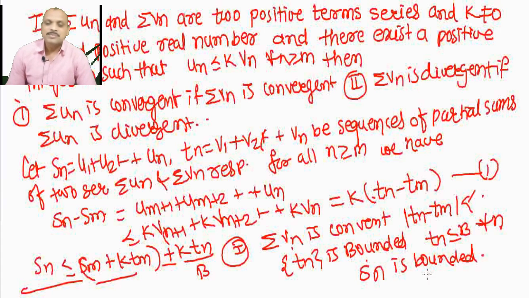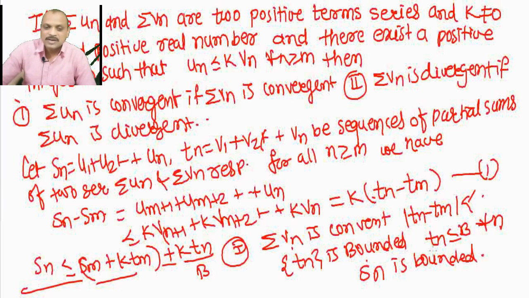Now it is a positive term series, and we know that whenever the sequence of partial sums of a positive term series is bounded, it is convergent, since it is monotonic increasing and bounded above. Hence Sn is convergent, and summation un is convergent.